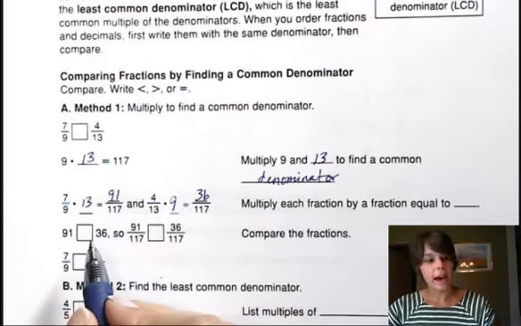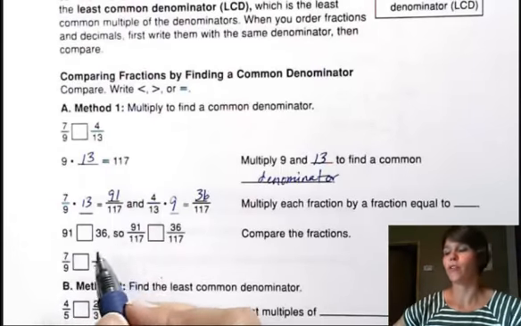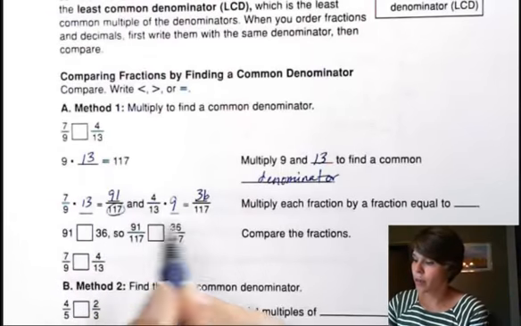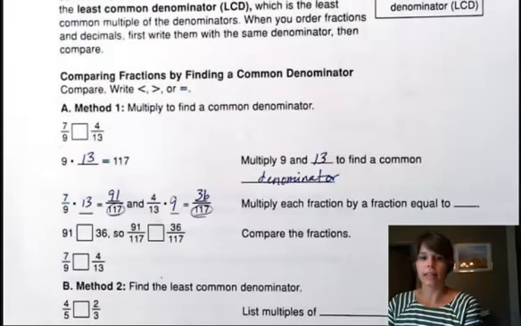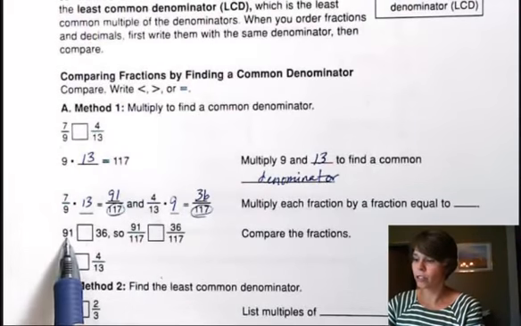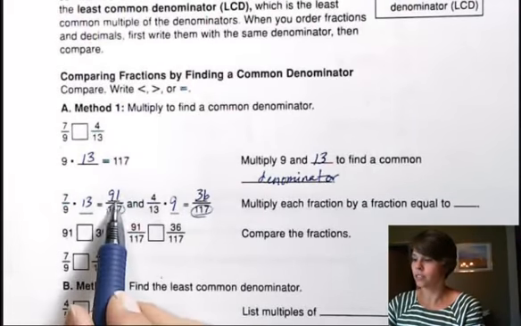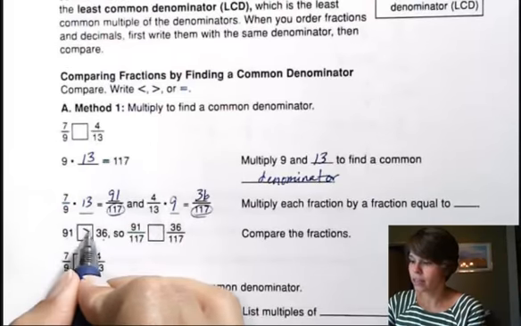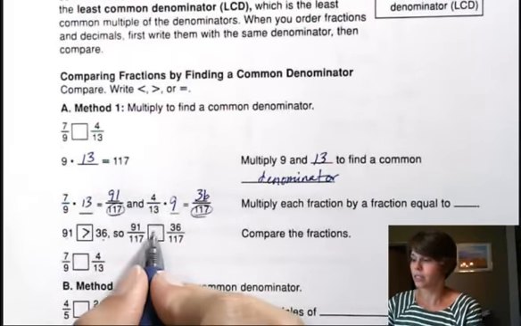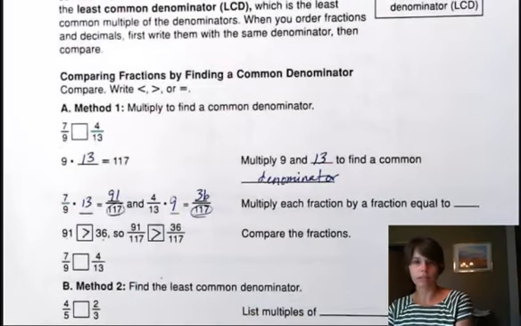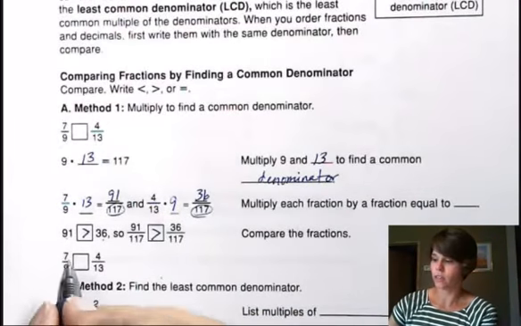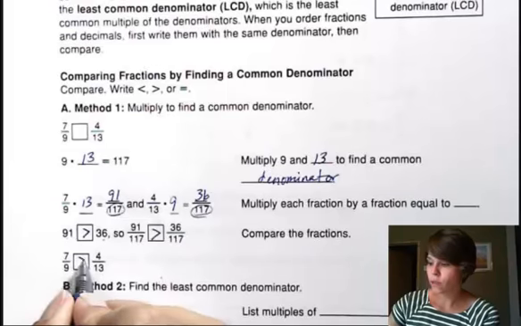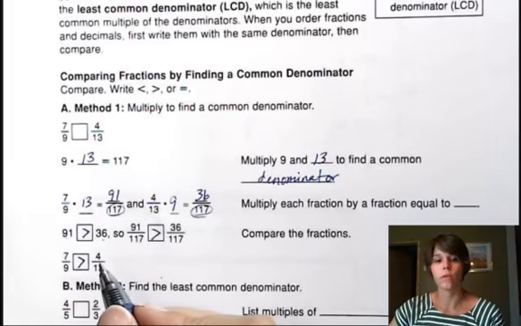So now I'm going to be able to just look at my numerators. When your denominator is the same, as it is in this case, I can just look at my numerators. So I'm just going to compare 91 and 36 from my numerators above. Since 91 is bigger than 36, then 91/117ths is bigger than 36/117ths, which goes back to the original 7/9 is greater than 4/13.